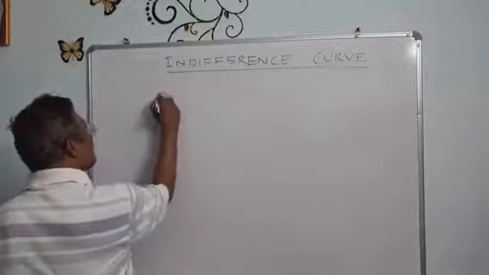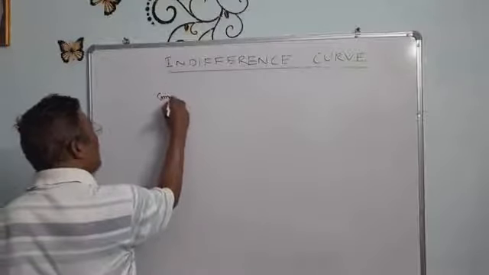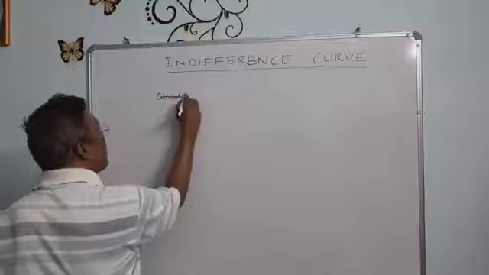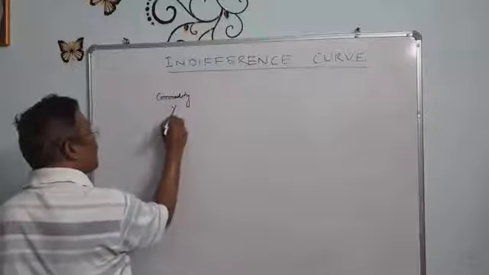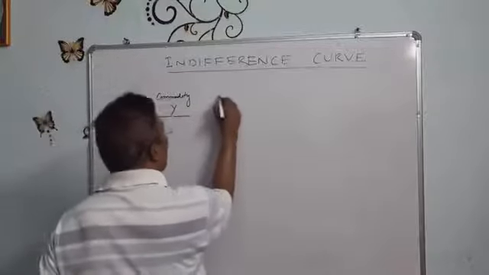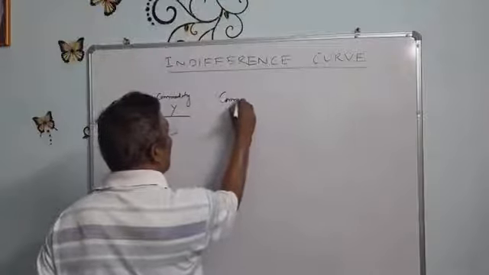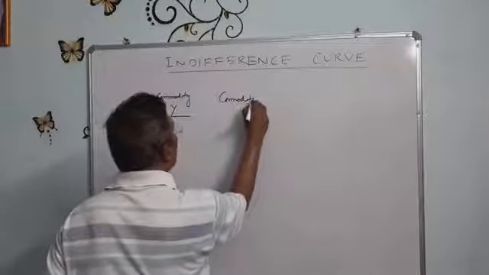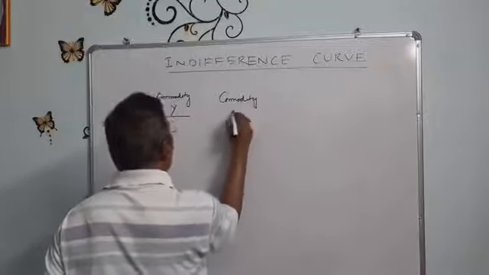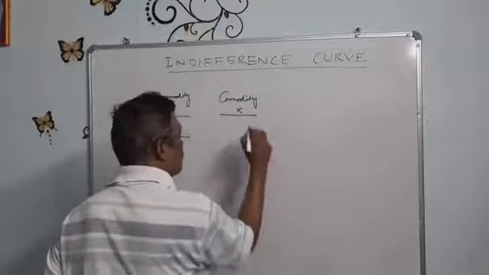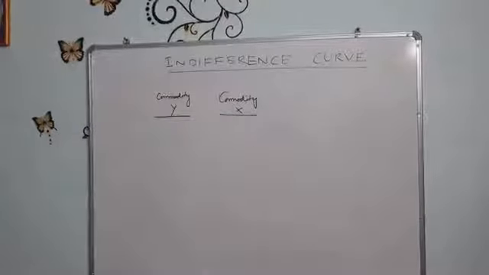One is commodity Y, another is commodity X. Two goods, commodity Y and commodity X, and we have to purchase both the commodities.